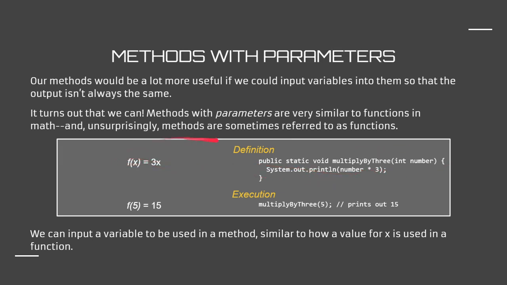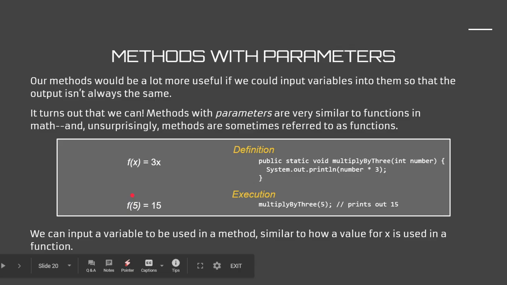These two are essentially the same. Then you call this method and put 5 in the parentheses, and just like with this, it will print out 15 because it replaces number with whatever you put in the parentheses when you call the method. So it replaces number with 5.